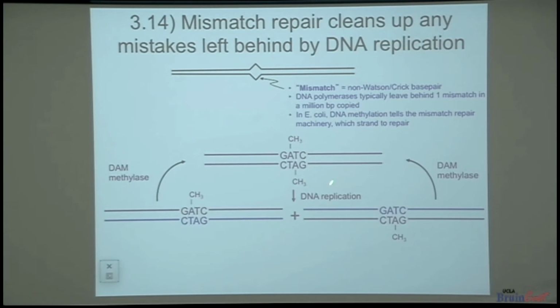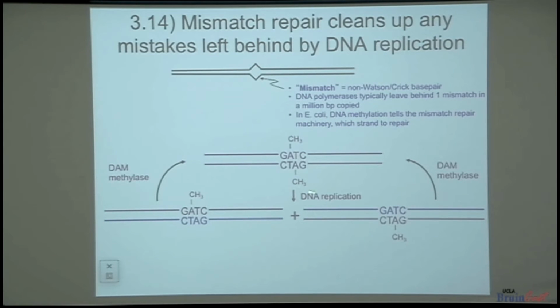Okay, and this sequence occurs randomly, roughly every 250 base pairs in a typical bacterial genome. So it occurs quite frequently. The important aspect of this sequence is that it's a self-complementary sequence. So wherever we have GATC on one strand, we also have GATC on the other strand.